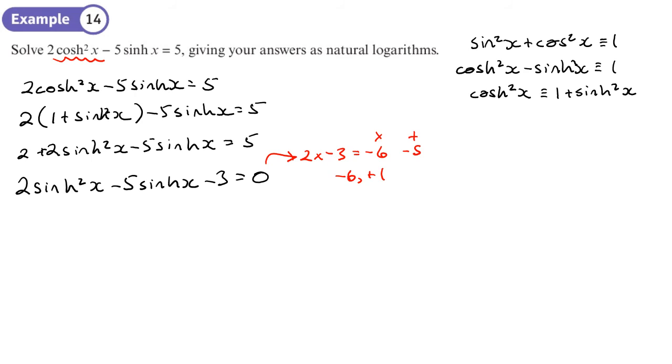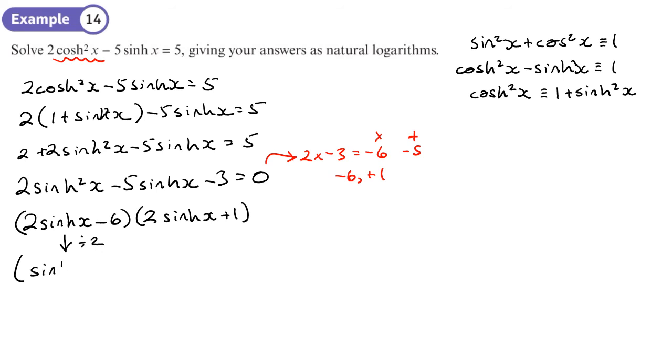So I start by writing, as I said, this method you may or may not have seen, 2 sinh x minus 6, 2 sinh x plus 1. Then I cancel down, this can be divided by 2, so I get sinh x minus 3 and 2 sinh x plus 1 equals 0.